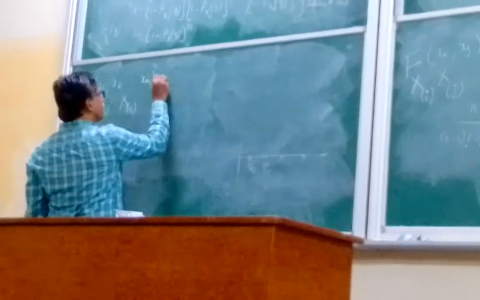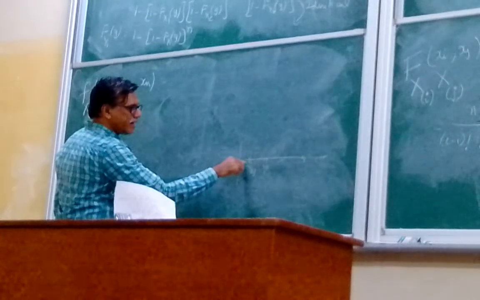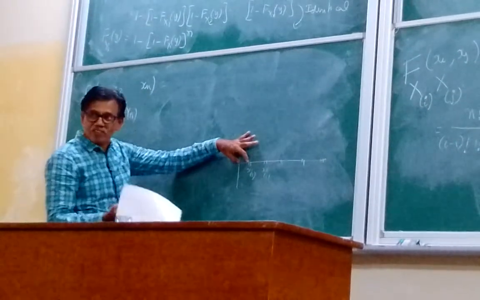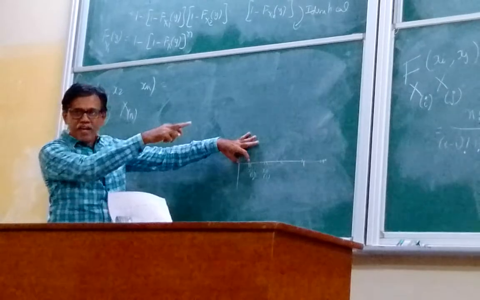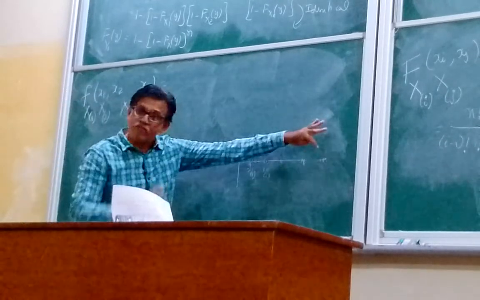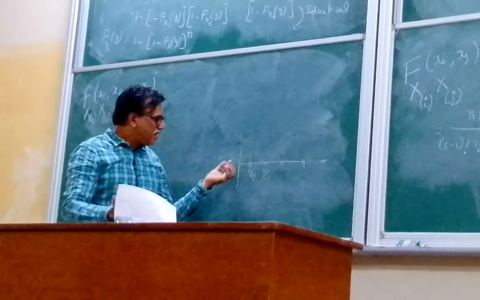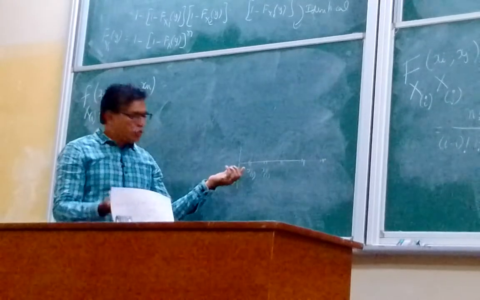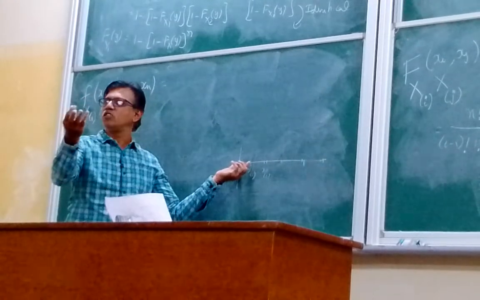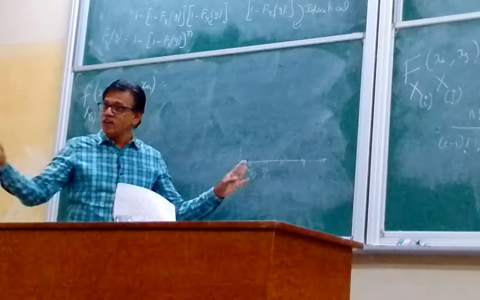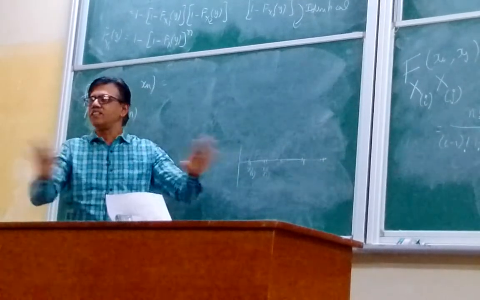Here I am telling the place of all n of them. In between there is nothing. If you find that one, power 0 has to be put, so those things will not come at all. The CDF and CCDF will not come.